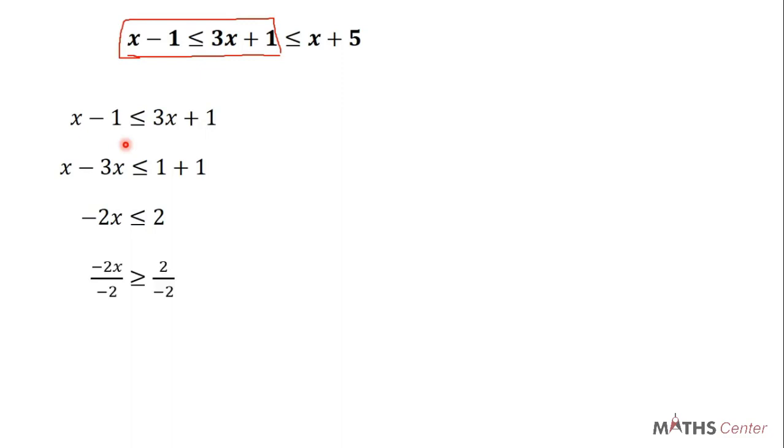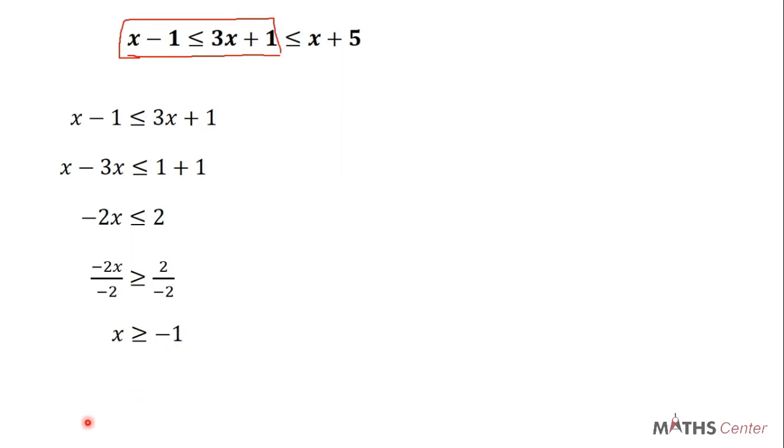So if you divide through by negative 2, you are going to have negative 2x divided by negative 2 greater than or equal to 2 divided by negative 2. Now negative 2 cancels negative 2 to give us x. So we're going to have x is greater than or equal to 2 divided by negative 2, which gives us negative 1. So you solve the first part of the inequality.